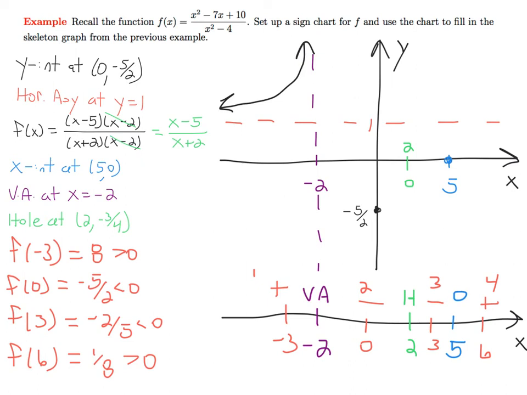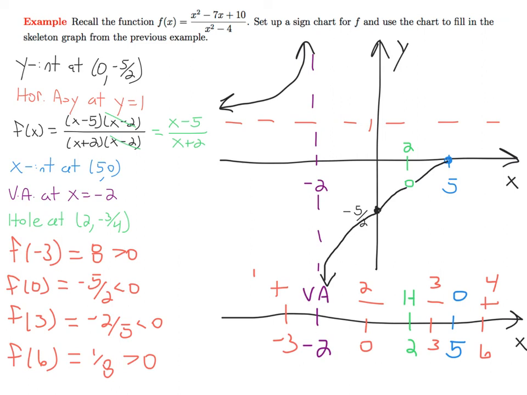And in between minus 2 and 0, so between this region, I know that the function is negative. So that means the graph down here is negative, and it passes through the y-intercept, passes through the hole, and then passes through the x-intercept at x equals 5.